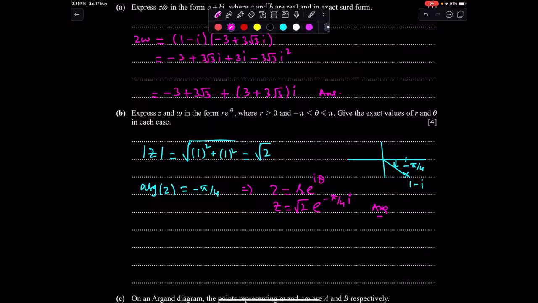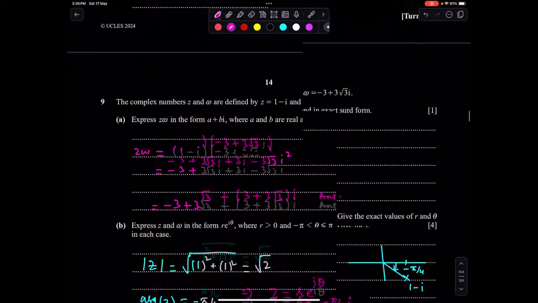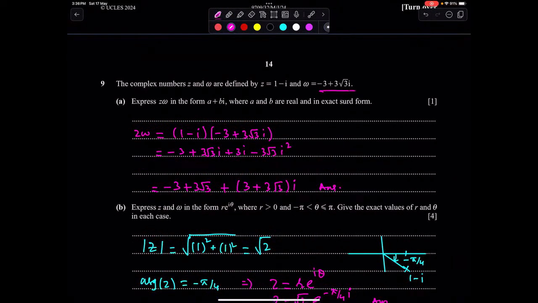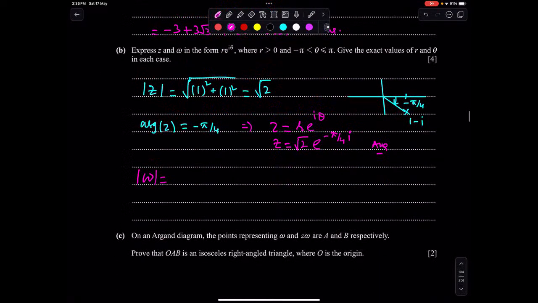Similarly, find the modulus of omega. So this will become 9 and this will become 27. So 36, which will become 6. Nine, 27, so 6. And for its argument make a rough sketch.